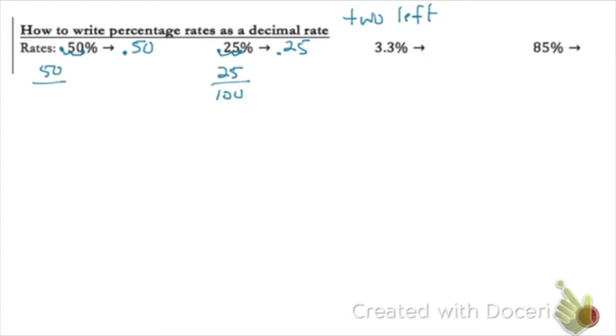Now a number like this, 3.3, we have to move it 2 places, and you're going to need to add a 0. So the decimal equivalent is 0.033. And for 85, we move it 2 places, so it'll be 0.85. So when you're working a real life situation problem and it gives you a percent, when you go to put that into your formula, you're going to first rewrite it as a decimal.